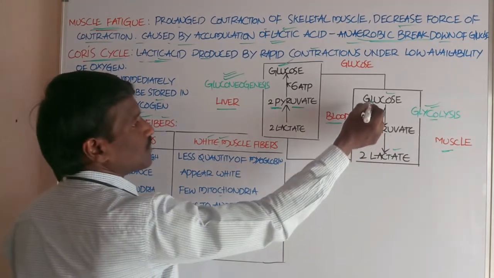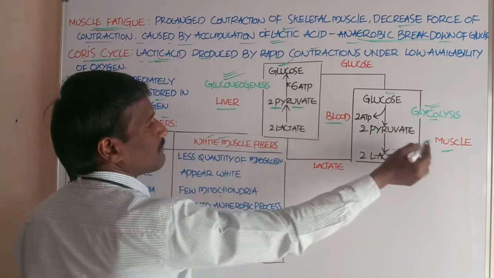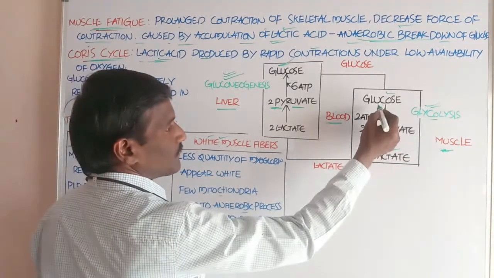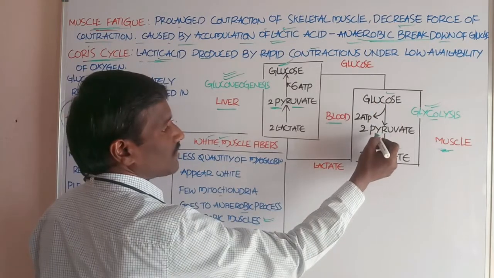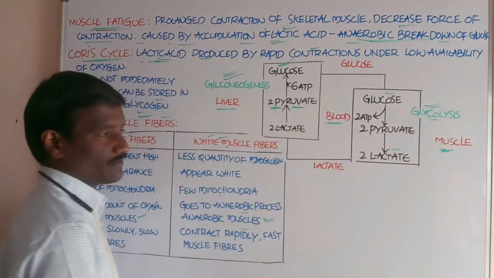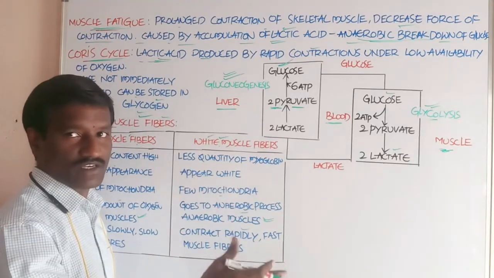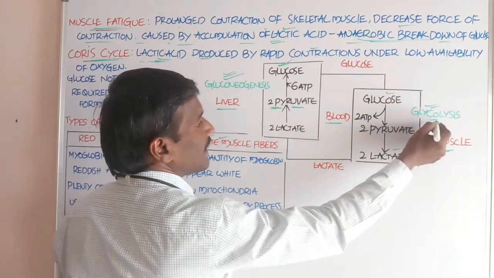In the muscles, glucose is converted into two pyruvates. The breakdown of glucose into two pyruvates is called glycolysis.